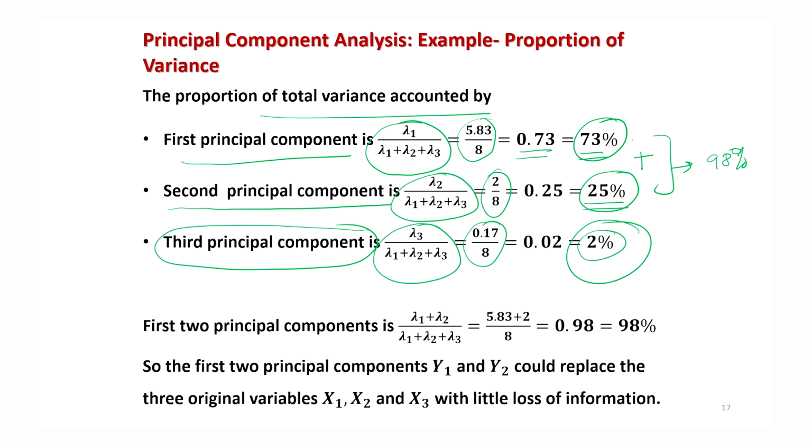Right. So you can see that in this case, instead of using x1, x2, x3, if I use only the first two principal components y1 and y2, then possibly I am getting an accuracy of 98% of the variability being taken care of. So I can think of ignoring the third principal component, and instead of working with x1, x2 and x3, we will prefer to work with only two principal components.